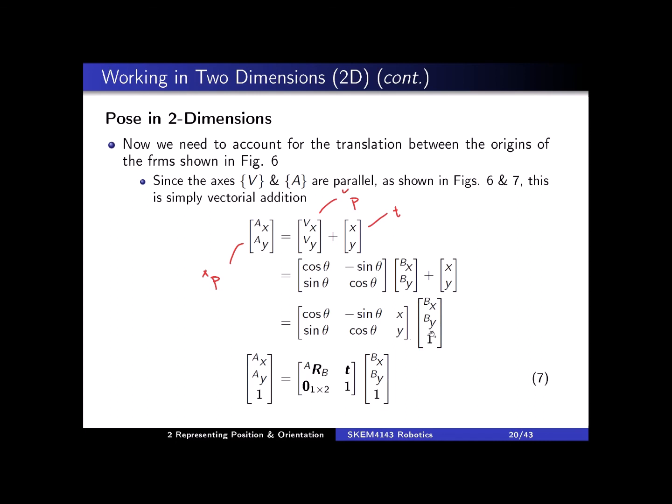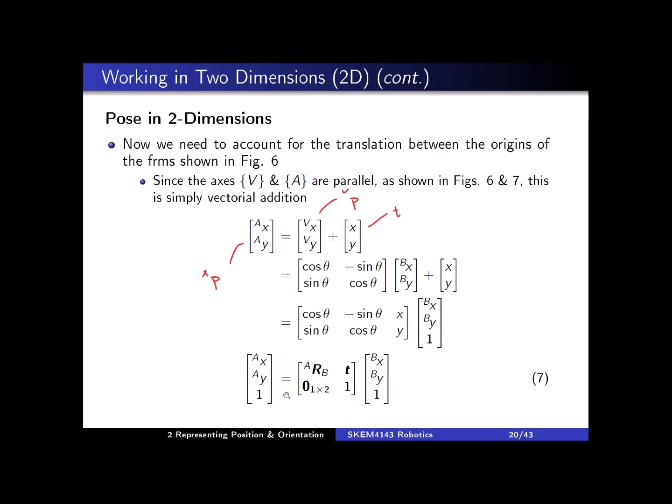We have added the number 1 here, the element 1. So previously it is 2 by 1, now it becomes 3 by 1, right? So rewriting this, we get this form. So again, PA has become this object here with an additional element 1. This is what we call the homogeneous coordinates, a homogeneous form.